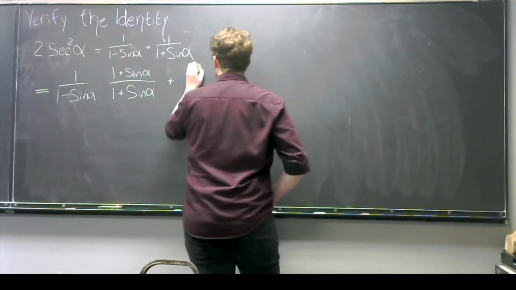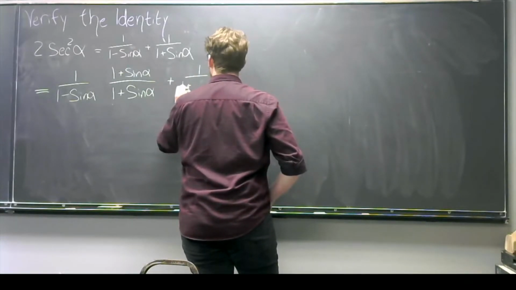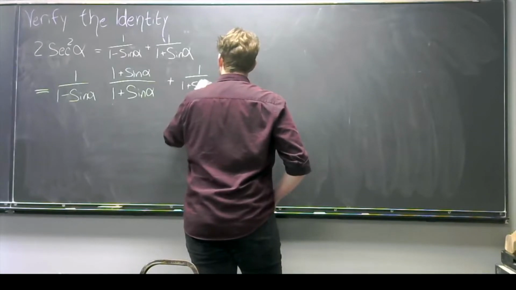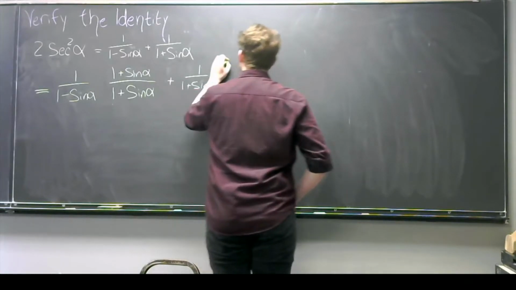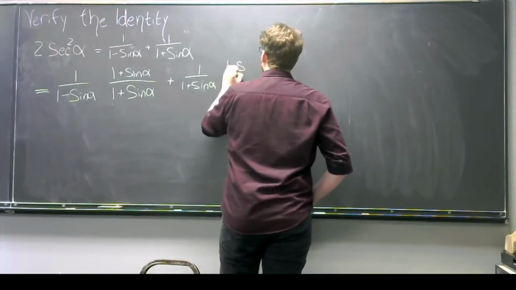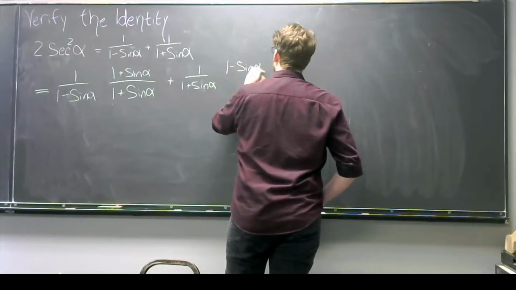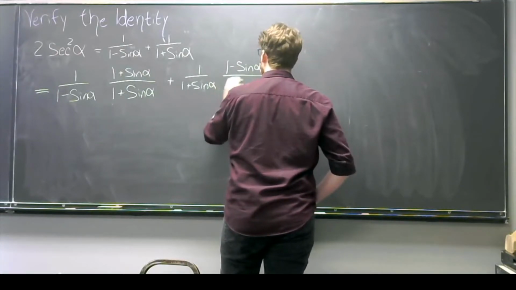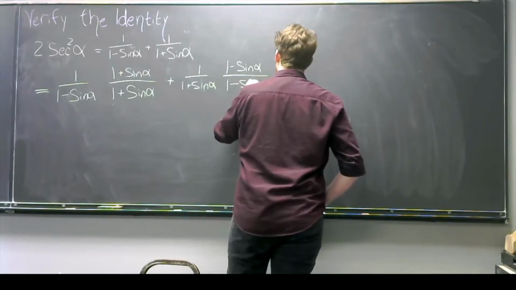So we got 1 over 1 plus sine alpha times 1 minus sine alpha over 1 minus sine alpha.